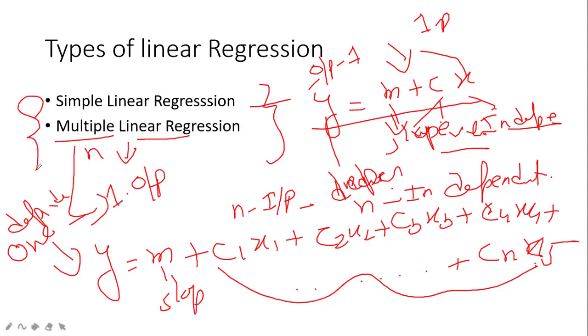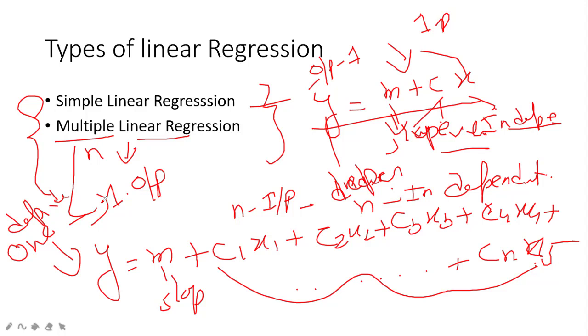In two ways we can do the analysis with any data: simple linear regression or multiple linear regression. Just keep in mind, with simple linear regression you always have one input and one output, which means one independent variable and one dependent variable.